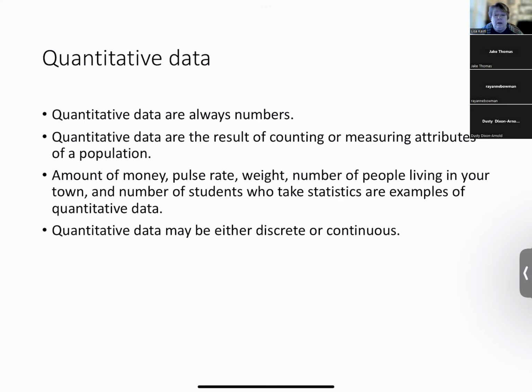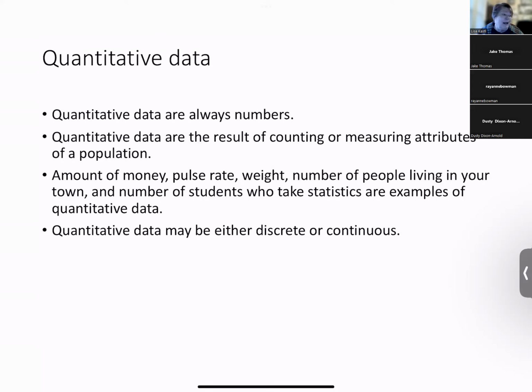As soon as I start counting a category, it becomes quantitative data. So I can say students in the class have either blonde hair, brown hair, green hair, blue hair, I don't know. But as soon as I say I have 5 students in class that have blonde hair, I've counted it and I've made that categorical data quantitative.